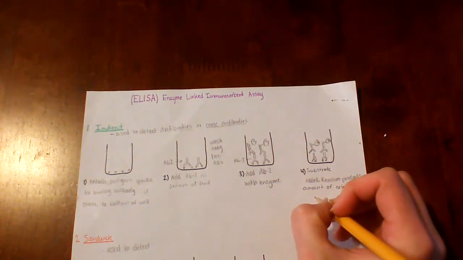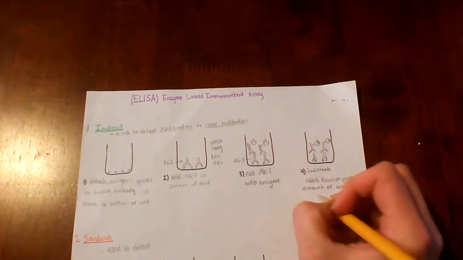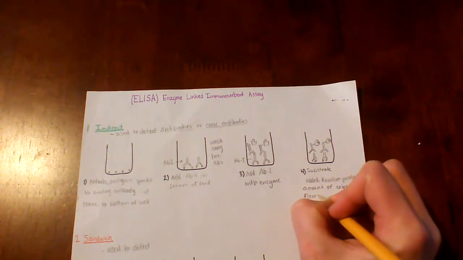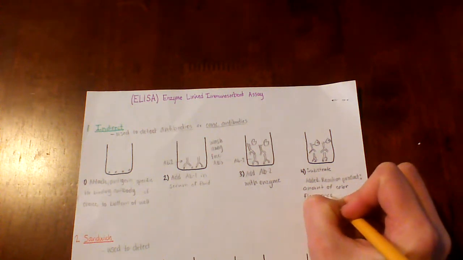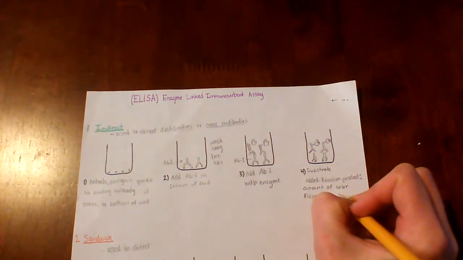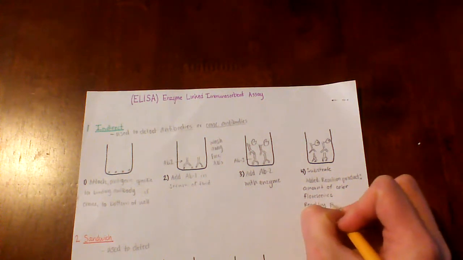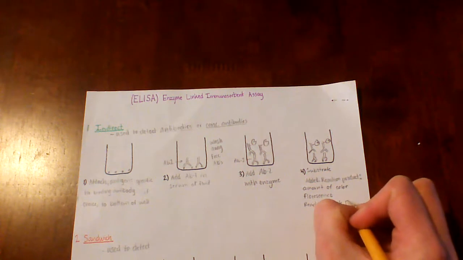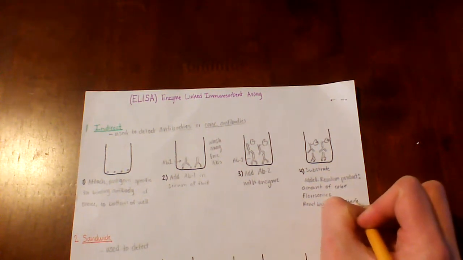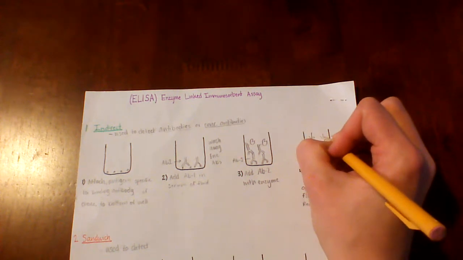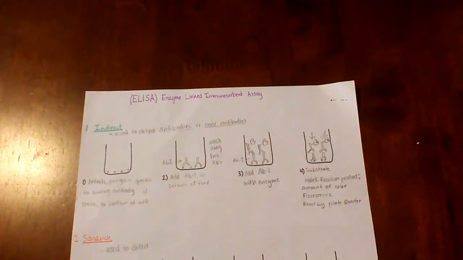So the color could be lighter if there's not much fluorescence. Okay, so here is the product producing color or radio label.